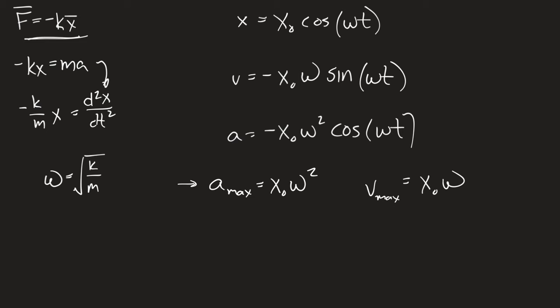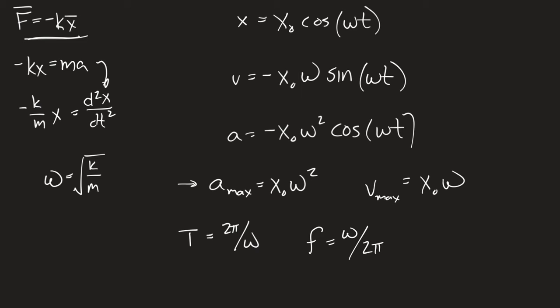In addition, we talked about how long it takes for the system to oscillate. And we said 2 pi times the root of m over k, but putting it in this notation, it's 2 pi divided by omega. That also means the frequency, which is the inverse of the period, is omega divided by 2 pi.